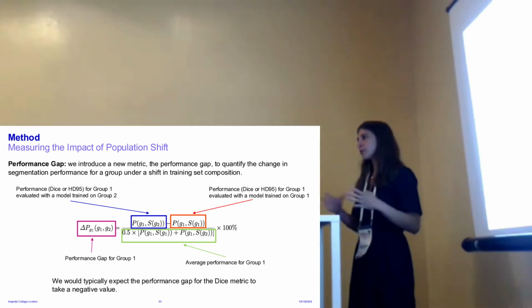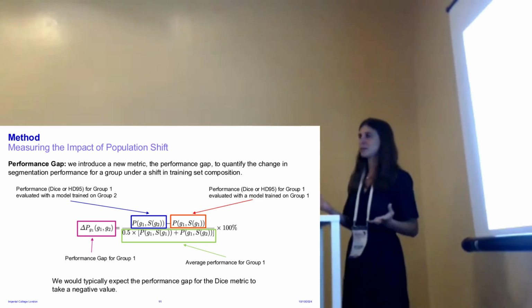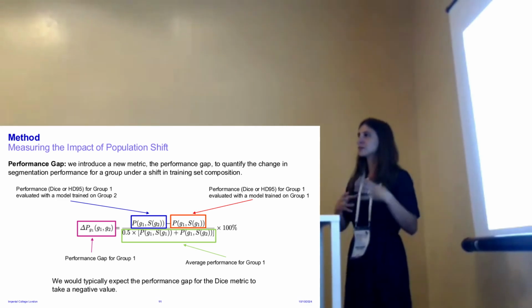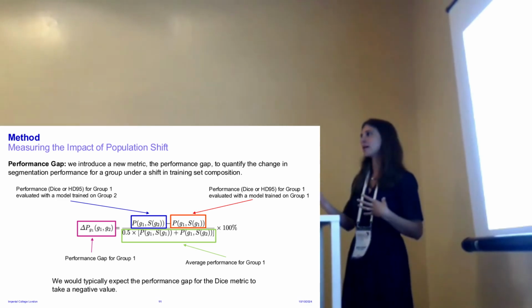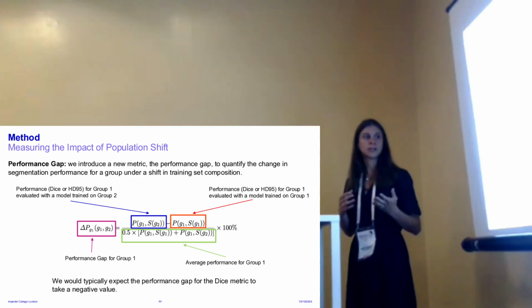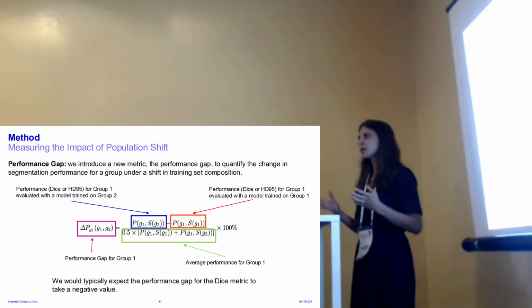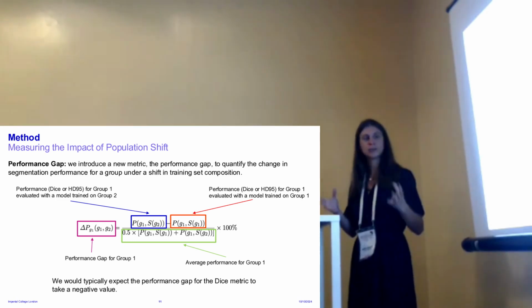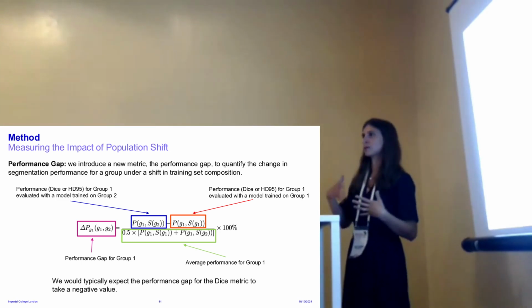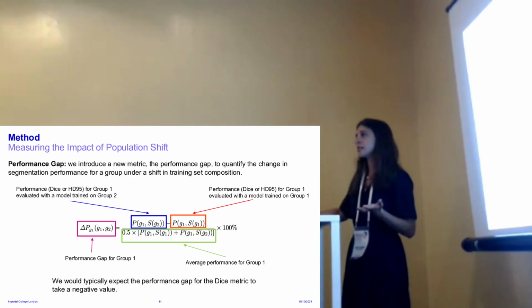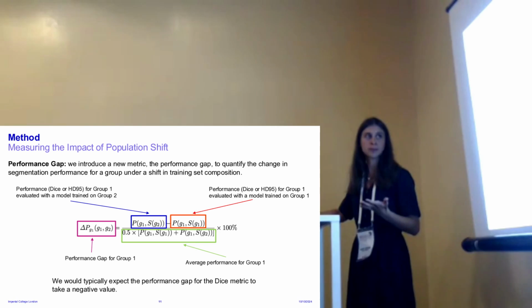So we need some way of quantifying what happens when we change the distribution of the training population on the test there. So we use a metric that we've defined called performance gap. And I'm going to talk about it in terms of, let's say that you have two groups. Group one is males, group two is females. Kind of illustrates it better. So we're interested in the performance gap for males.